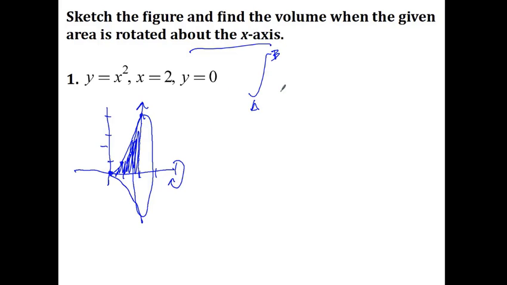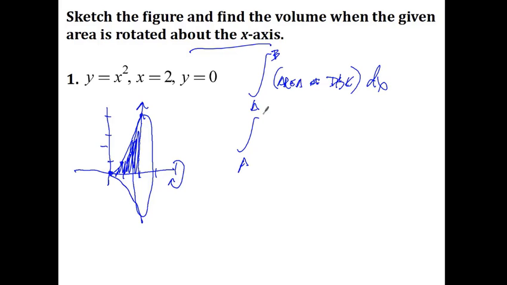So we're going from A to B. We're going to find the area of each of these disks. The integral is going to add up the volume of each of those because they're all infinitely thin. And that will give us the volume. So we just have to worry about the area.